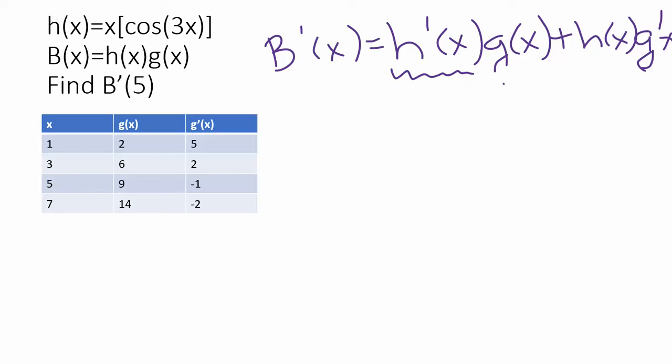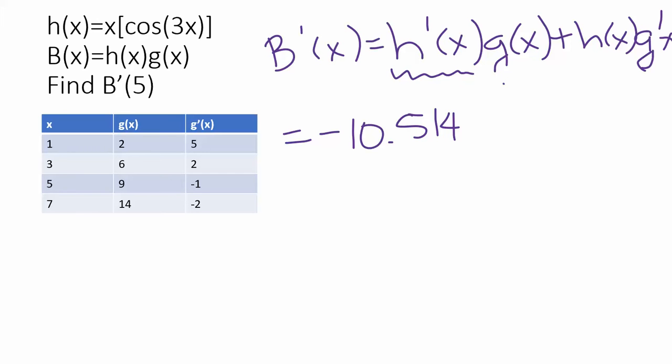So what we're going to do is go back to our h prime of x, which we had found. So at x equals 5, our derivative of h was negative 10.514 times g of x.